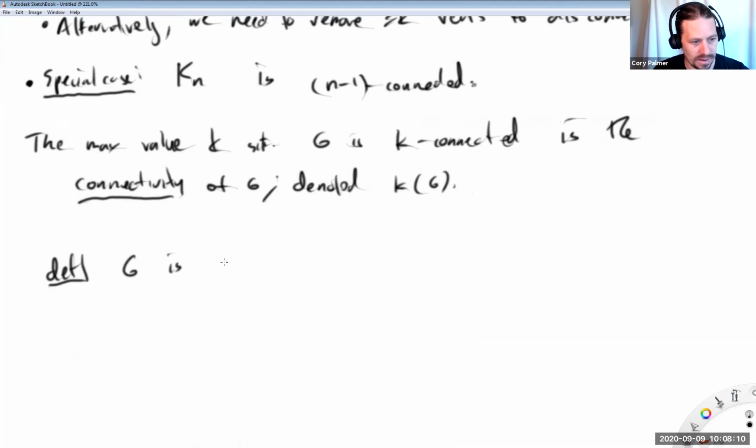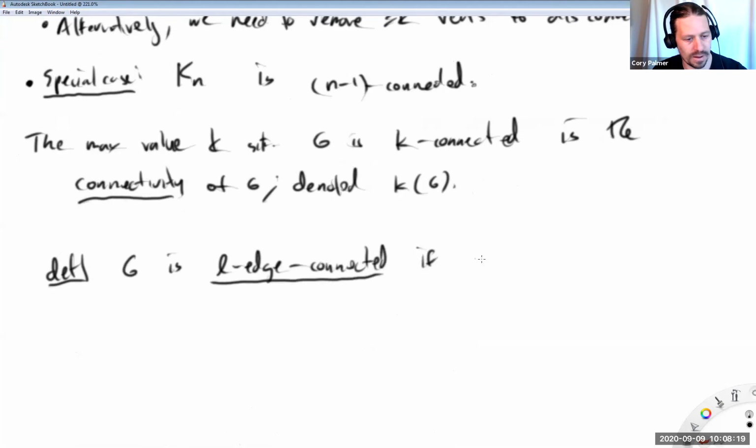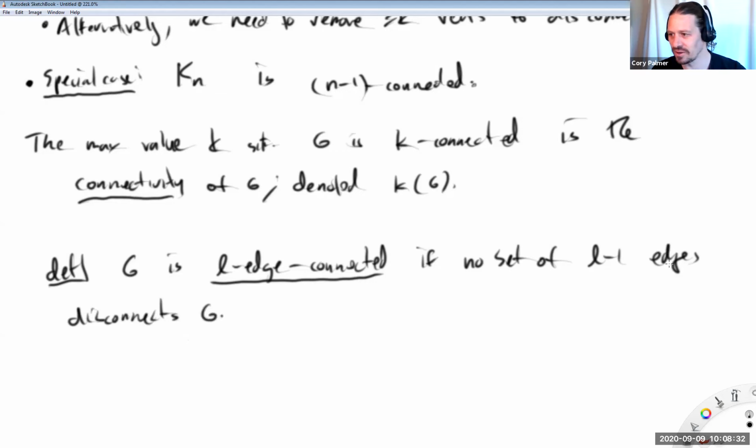So G is L edge connected if no set of L minus 1 edges disconnects it. I haven't exactly used this terminology before, but I hope it's clear.